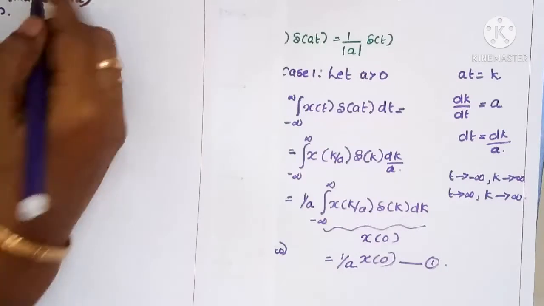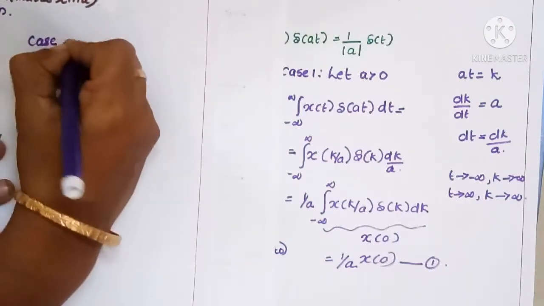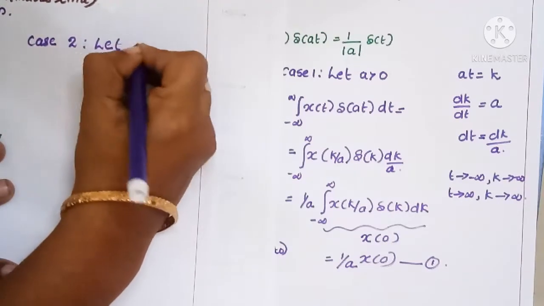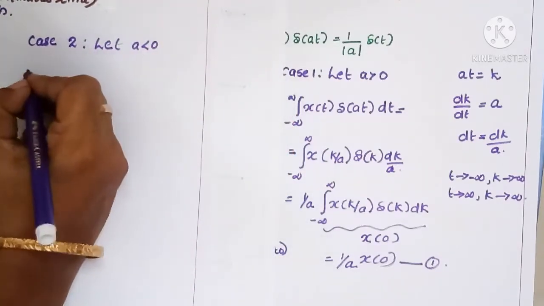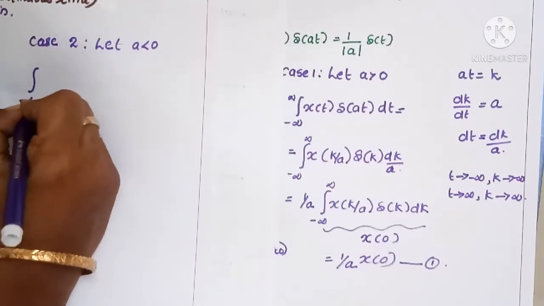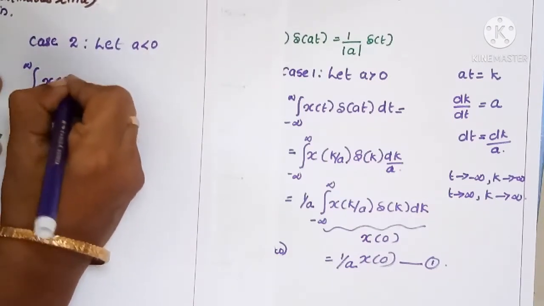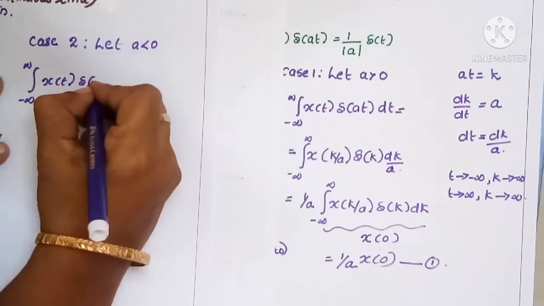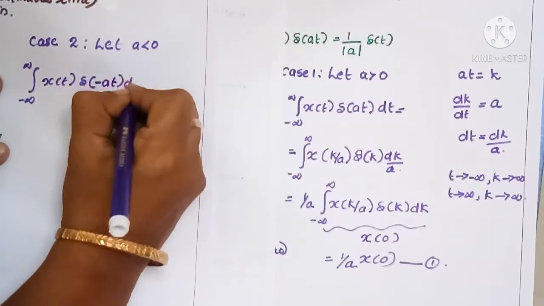Next consider the second case, that is case 2. Let a be less than 0. Here also take the function, integral from minus infinity to infinity x of t del of at dt, with a less than 0. So we take del of minus at into dt.